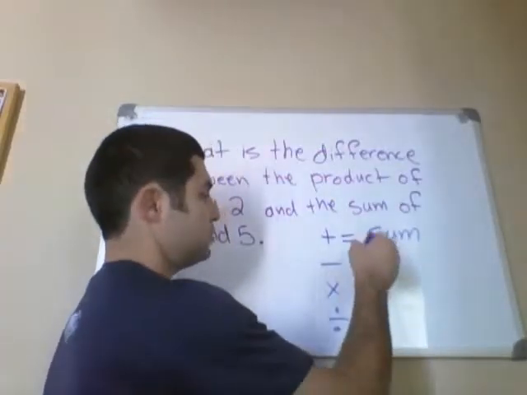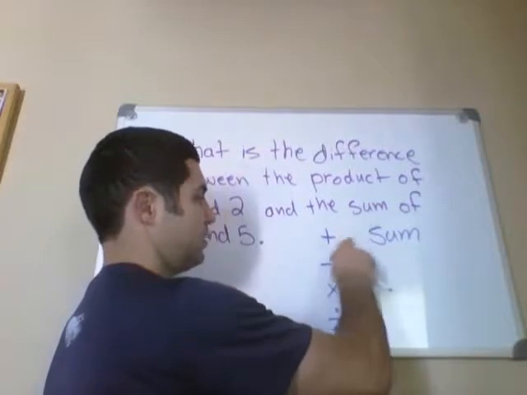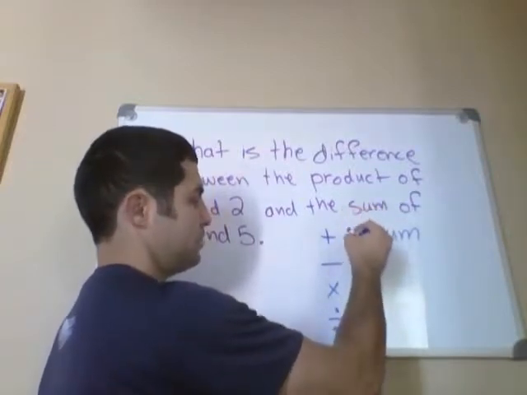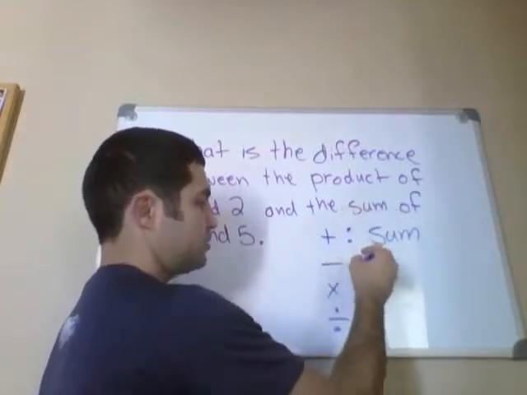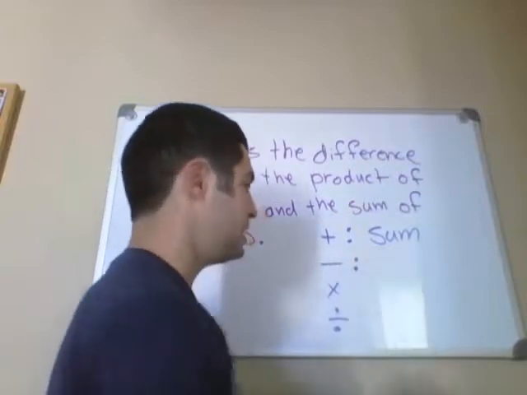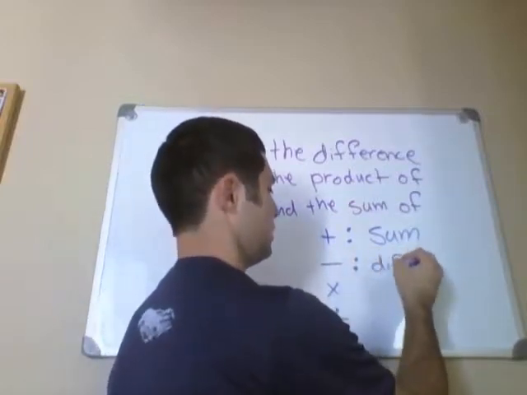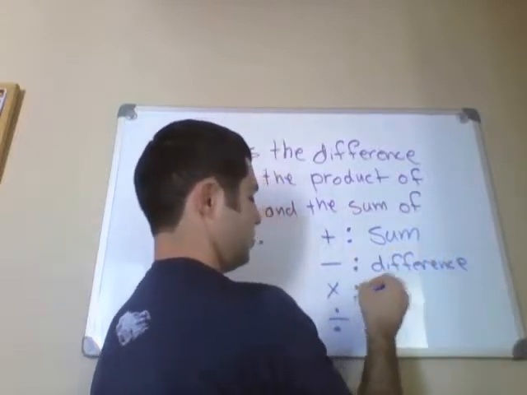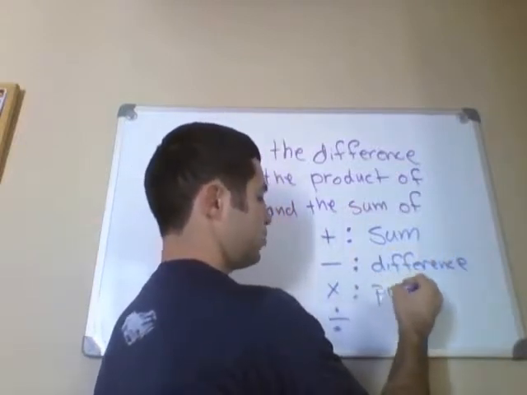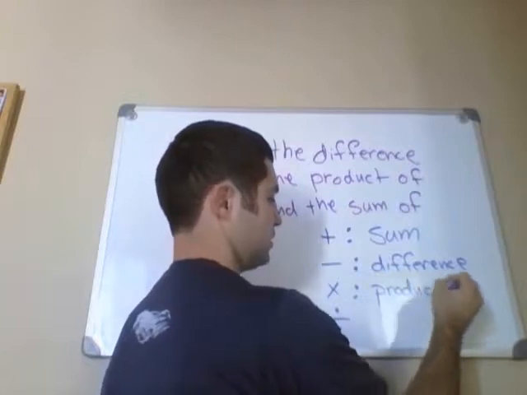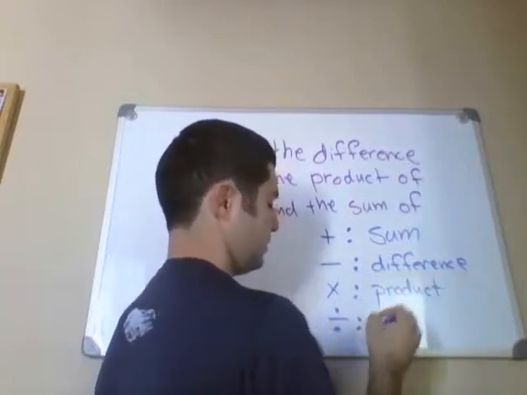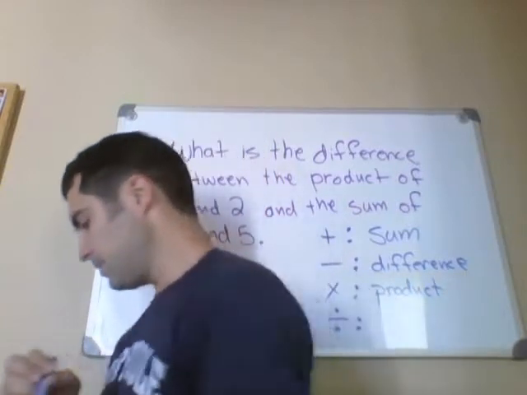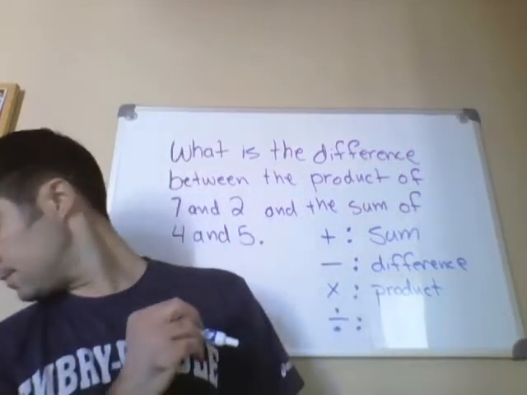The answer to a subtraction problem, I guess a more appropriate symbol would be a little colon there. Answer to the subtraction problem is difference. Multiplication problem is product. Division problem is quotient.